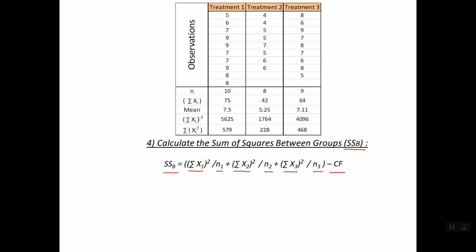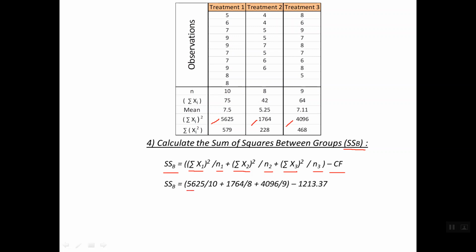So with direct substitution, we get the following: this is the value for the summation of x1 squared, this is the value of the summation of x2 squared, and this is for the third treatment.